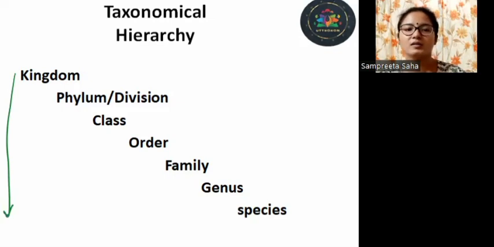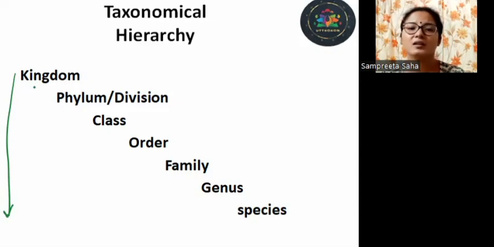And what is the trend that goes on in this taxonomic hierarchy? It is that the specificity, that means the common characteristics, increases down the hierarchy. So take for example two organisms placed in one kingdom. Fish and monkey, they're placed under the kingdom Animalia.